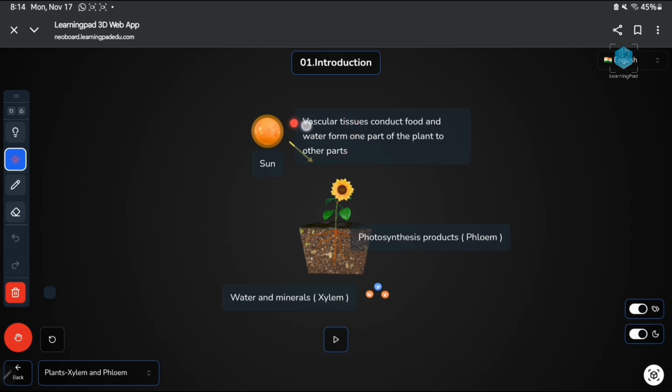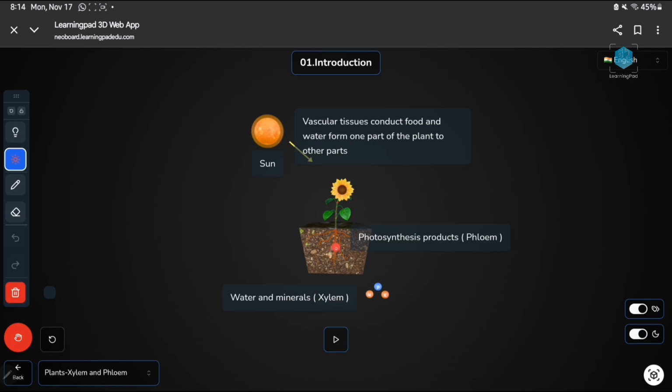Vascular tissue is nothing but xylem and phloem together, out of which xylem conducts water and phloem conducts food. Because of this, the plant is able to transport all the food materials and water.